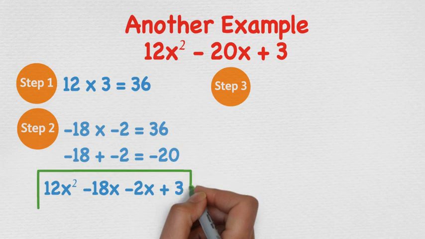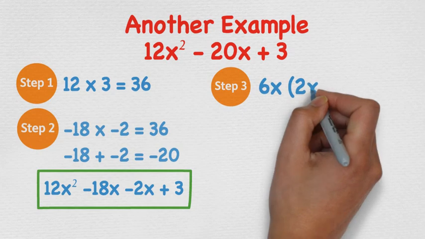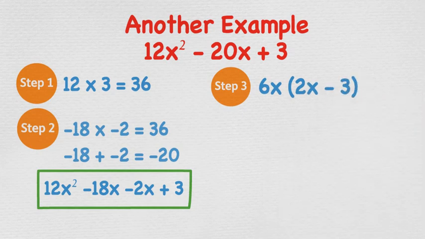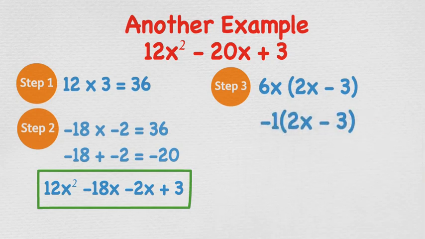Step 3, factorise. Let's look at the first part, 12x to the power of 2 minus 18x. We need to take out common factors. The common factor in this part of the equation is 6x. This leaves us with 6x bracket 2x minus 3 bracket. Now we look at the second part of the equation, negative 2x plus 3. Again, we find the common factor, which is negative 1, which leaves us with negative 1 bracket 2x minus 3 bracket.